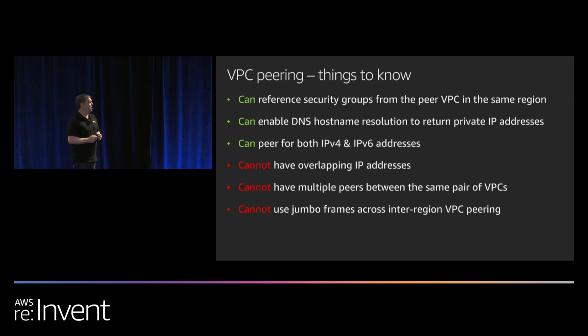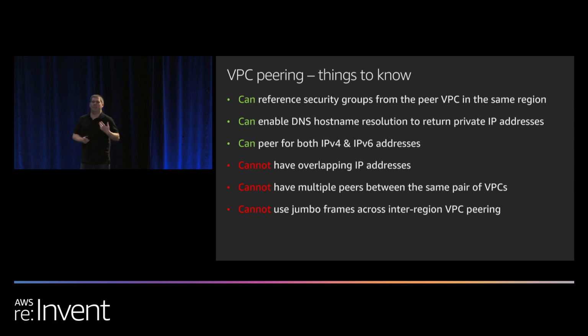When you're peering VPCs, you can peer the IPv4 and the IPv6 addresses. But a couple of things to look out for. You might have noticed on that previous slide that the IP address space I was using for each of those VPCs was different, and that's because you cannot peer VPCs together that have an overlapping IP address space.